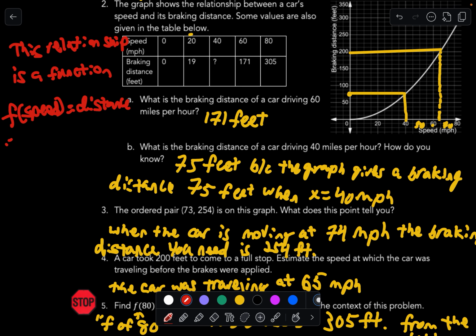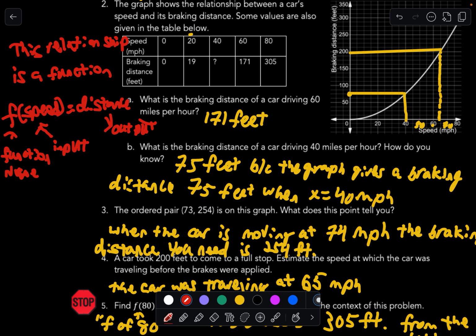The f is the function name. Speed is the input, and distance is the output.